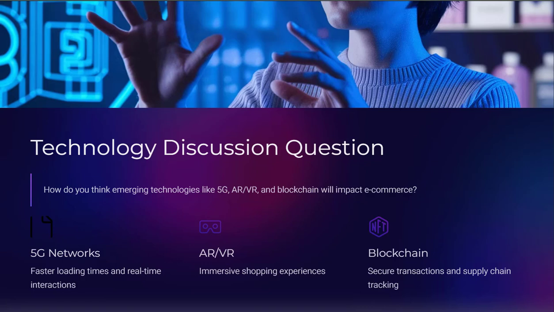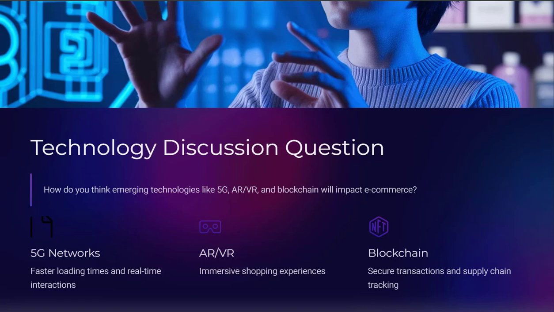And you have a question here. How do you think emerging technologies like 5G, augmented reality, virtual reality, AR, VR, and blockchain will impact e-commerce? You can consider that with the support of Jarvis or GPT. You can ask to get more ideas. But basically, 5G networks will enable faster loading times and more real-time interaction for online shopping.